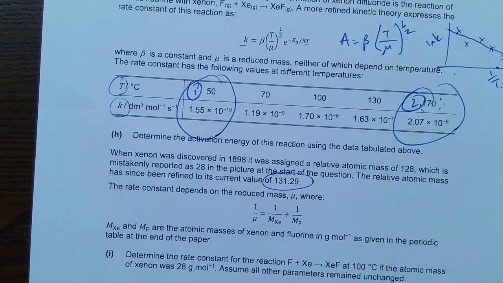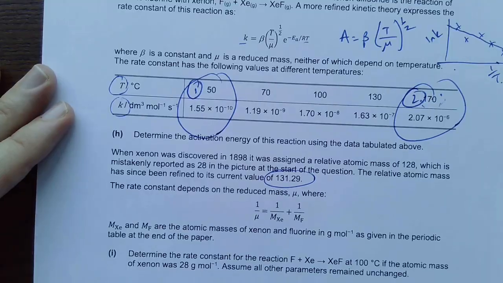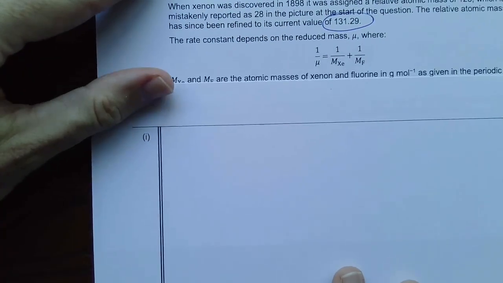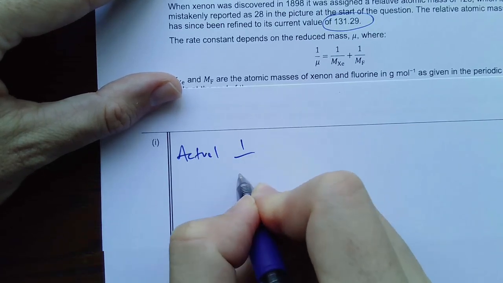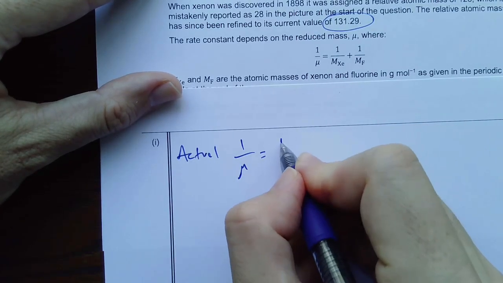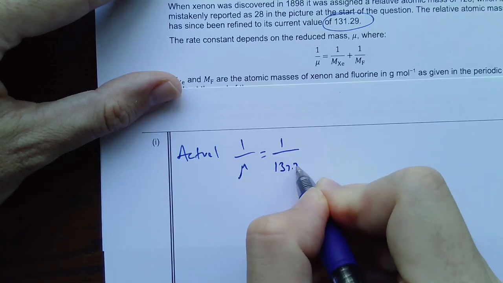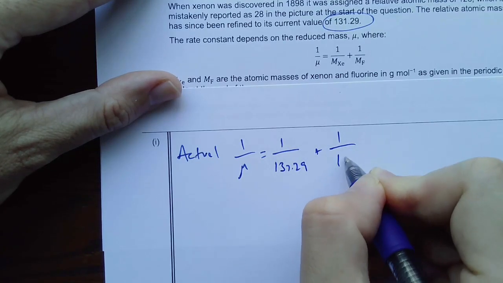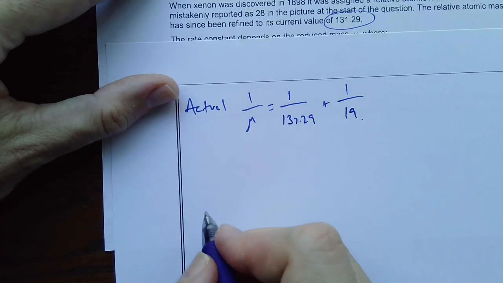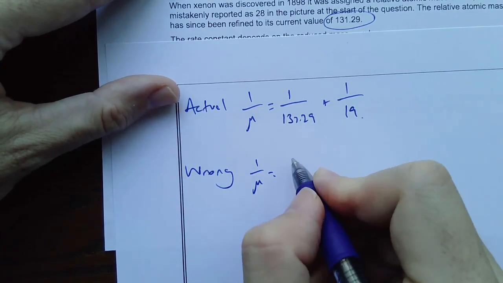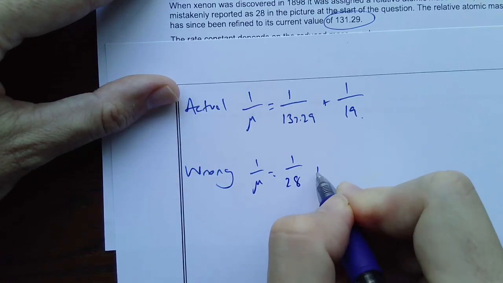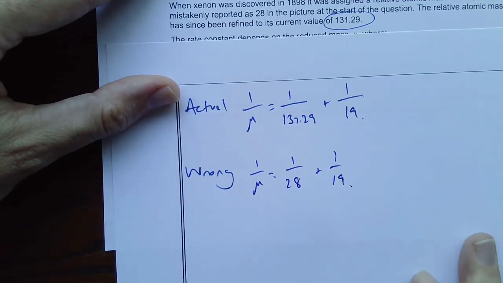So let's think. What we're saying is, I've got my actual 1 over mu, which is 1 over 131.29 plus 1 over 19. And then I've got my wrong 1 over mu, which is 1 over 28 plus 1 over 19.